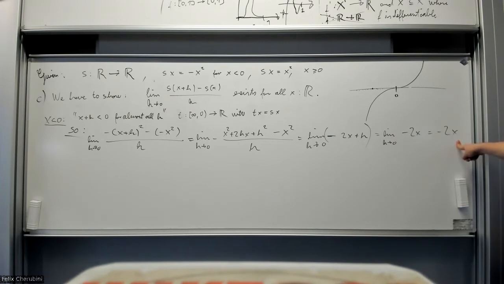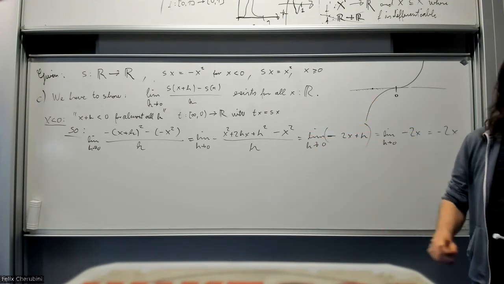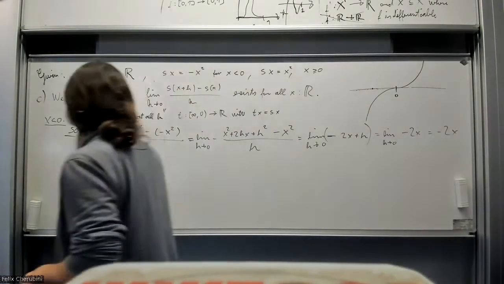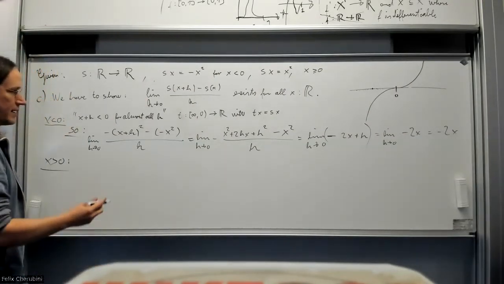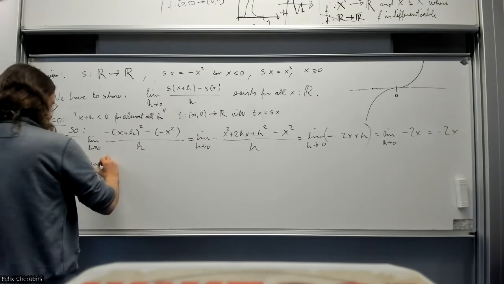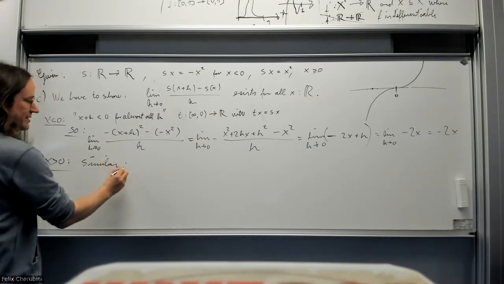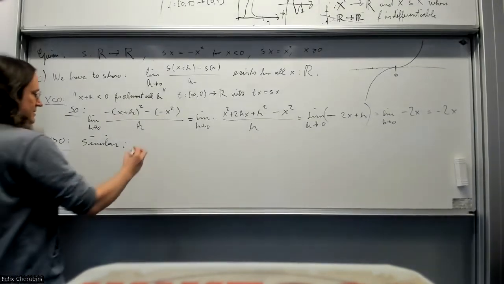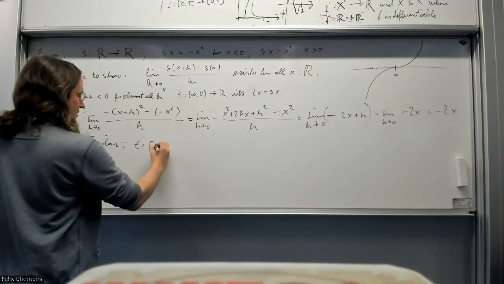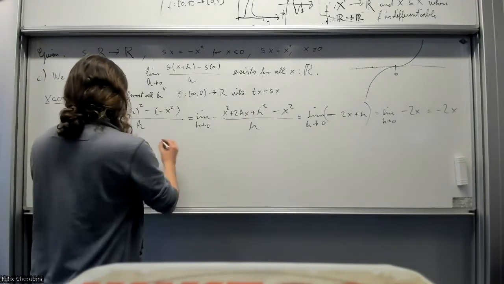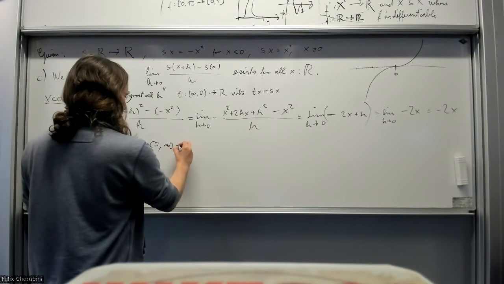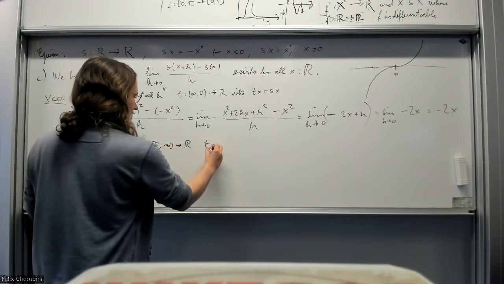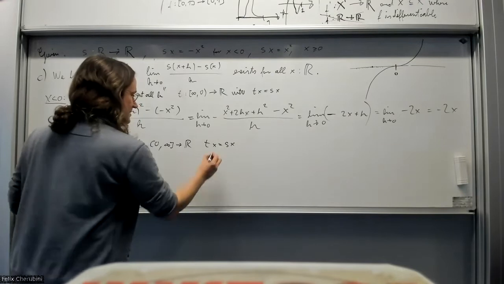And now we can just do the other cases. So let's do the one that is similar to this one first, and that's the one where x is greater than 0. There we can do something similar, and that is assume a function t, which doesn't include 0, goes to R with t of x equals s of x.